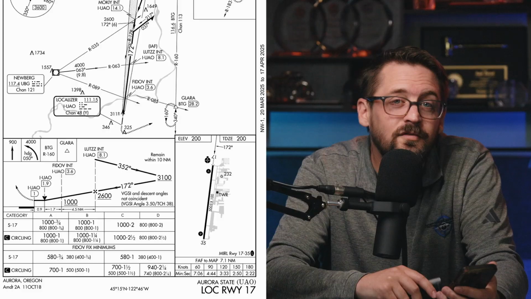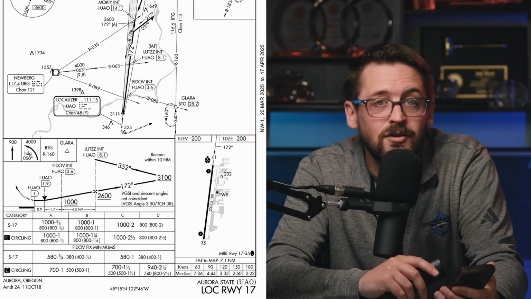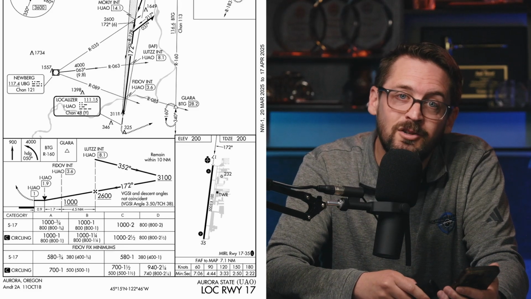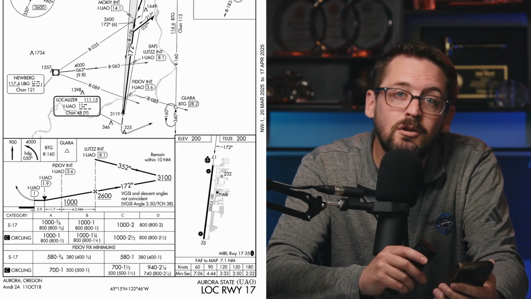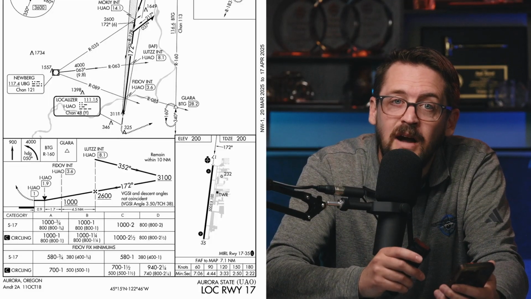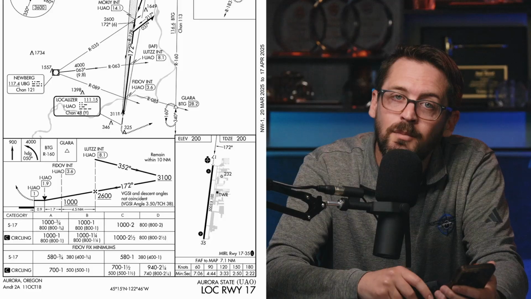Certainly being 800 feet above the ground with only 1 mile to go to the runway would not make for a stabilized approach. So we can confidently conclude that the VDP published here is for the FIDOV fixed minimums of 580 and not the higher minimums of 1,000.